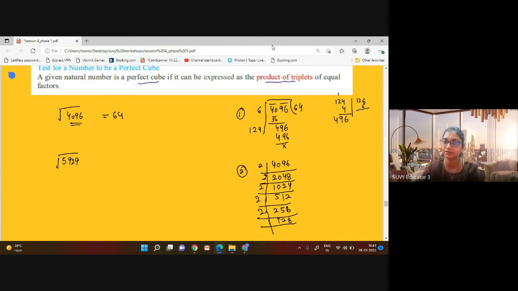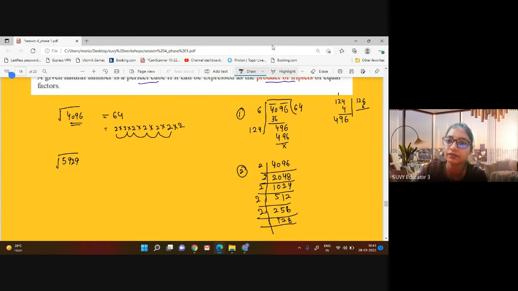You will get 64. Right? You will get it as 2 into 2 into 2 into 2 into 2 into 2. So this will be the prime factorization of the given number.